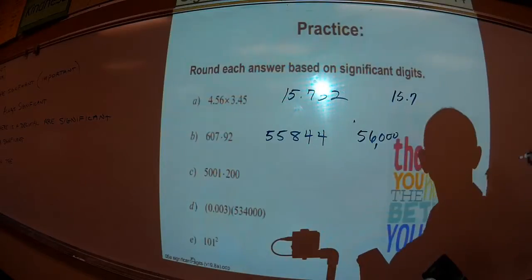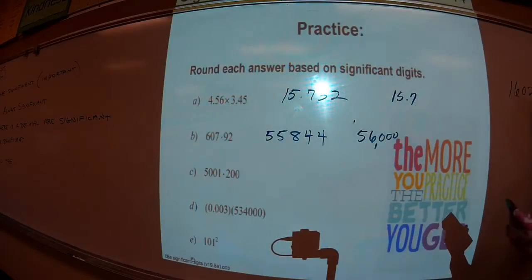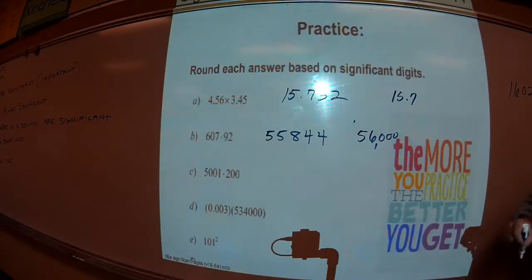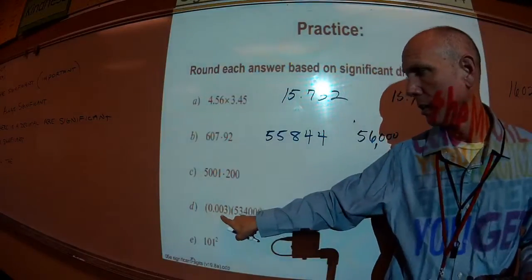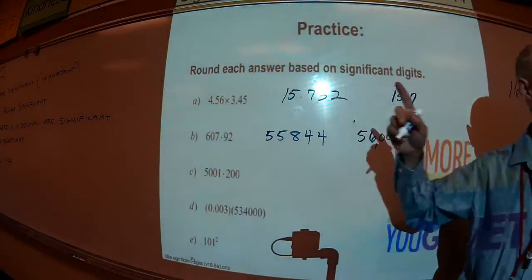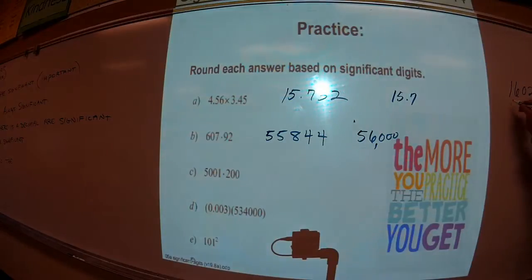When I multiply it, I get 1602. How many sig figs are right here? One. So I need to round it to right there, which means it's going to round to 2,000, because I only get to keep one significant digit in my answer.